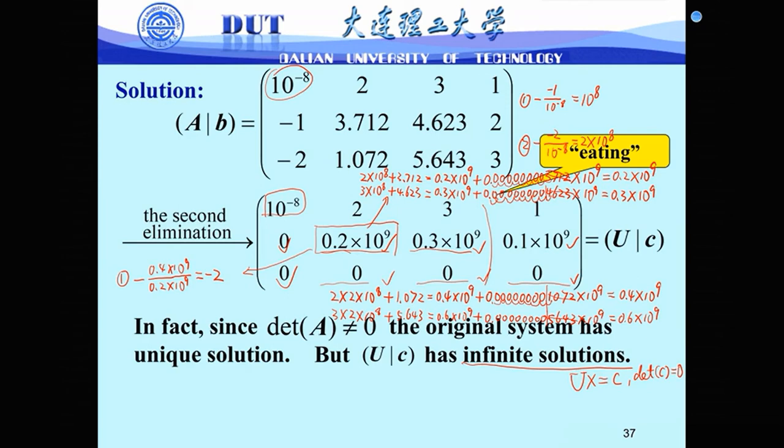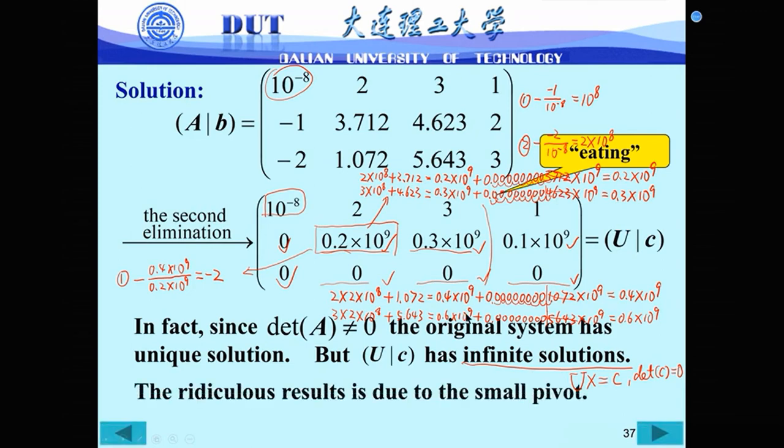So what's the reason? What's the problem? Here, because we use a very small number as the denominator, great number eats small number.